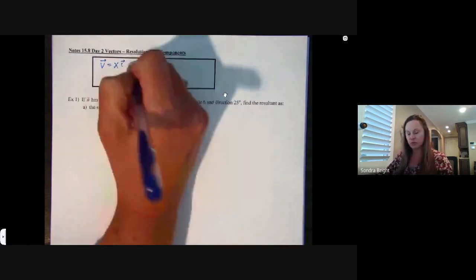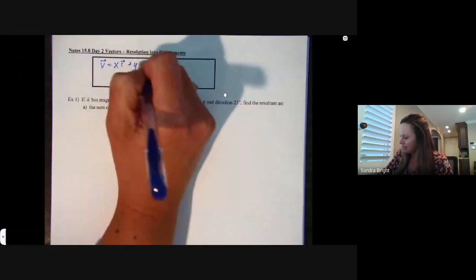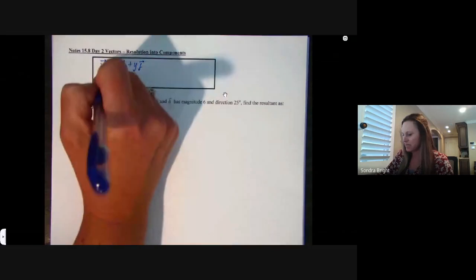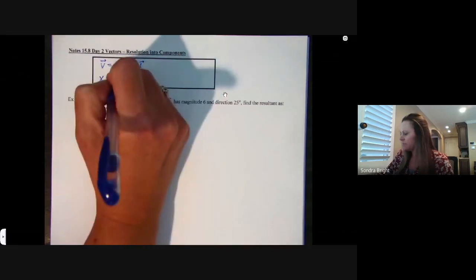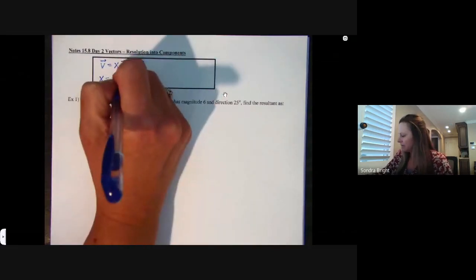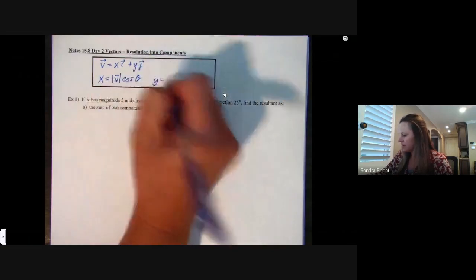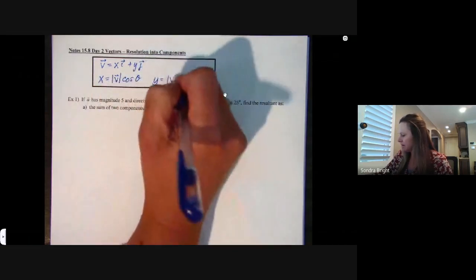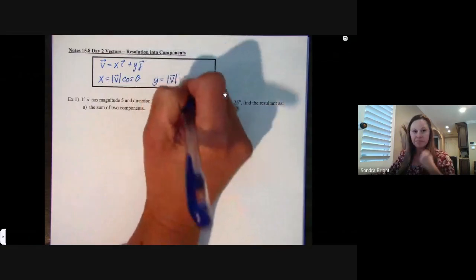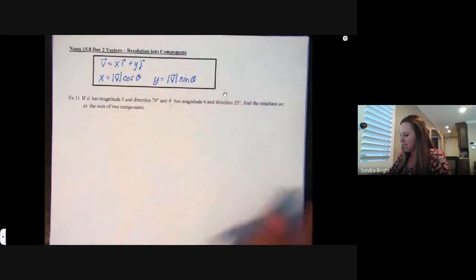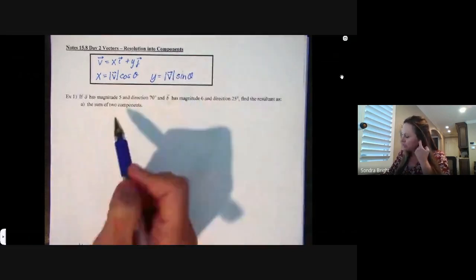And y is that vertical component, where you can get the x component by taking the magnitude of the velocity vector times cosine of the direction angle, and y is the magnitude of the velocity vector times sine of the direction angle.